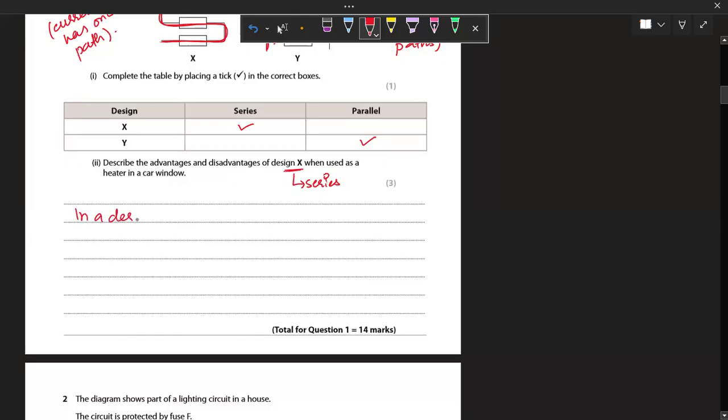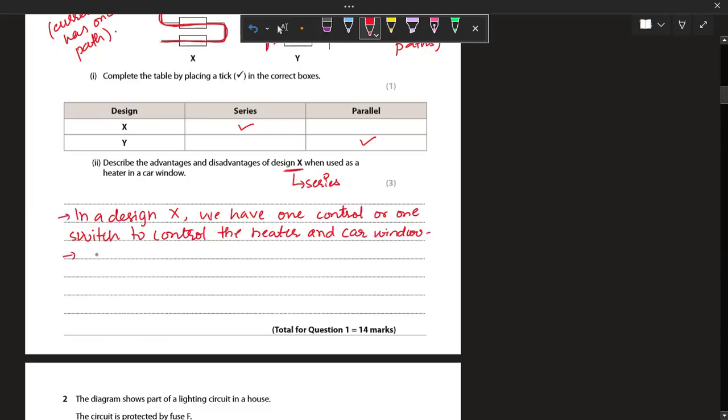In design X, we have one control or one switch to control the heater and car window, right?